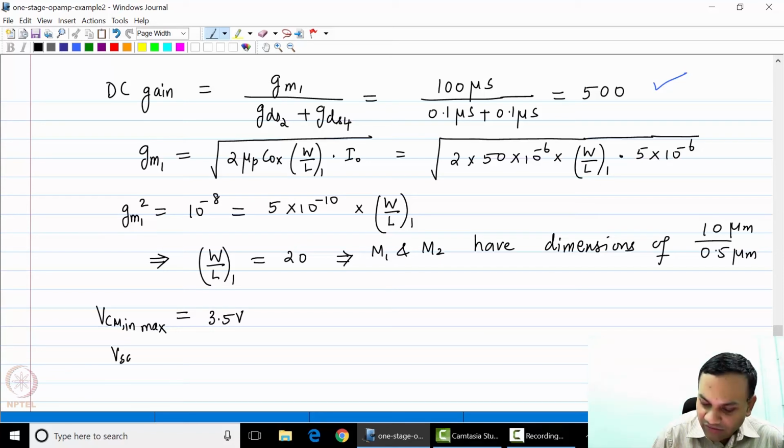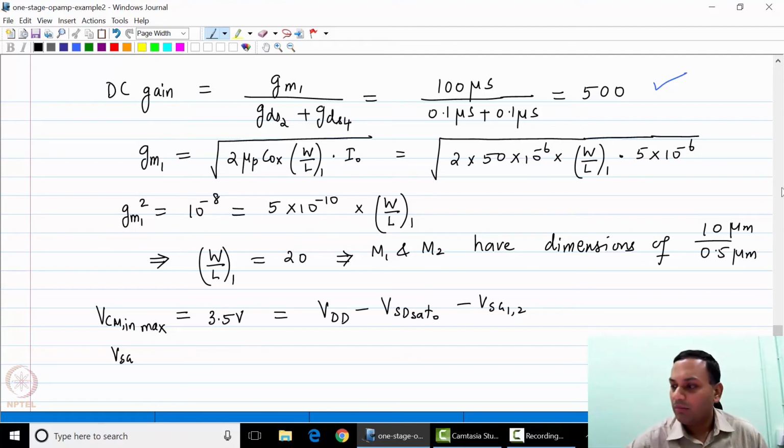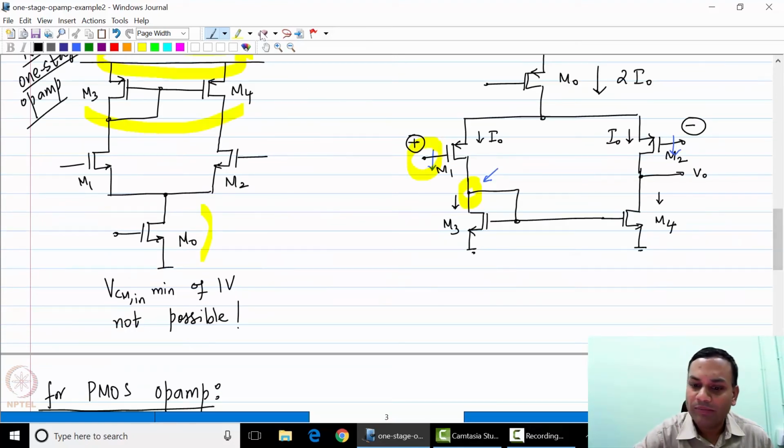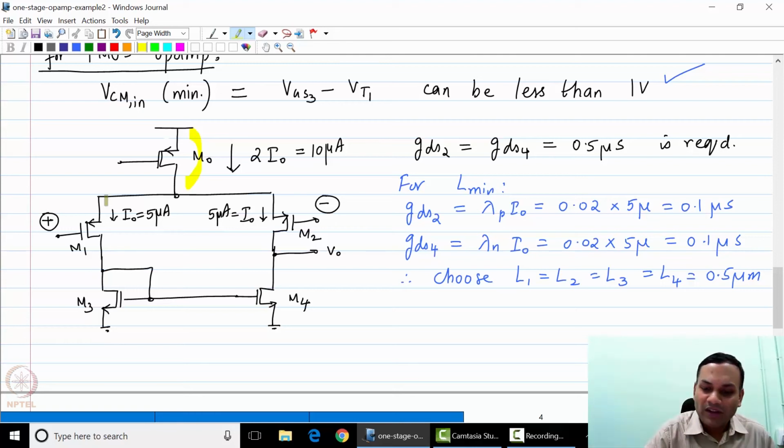This should be equal to VDD minus VSD sat 0 minus VSG 1, because the maximum input common mode happens when you have exactly VSD sat across M0, and therefore the common mode at the input will be exactly VDD minus VSD sat 0 minus VSG of 1.